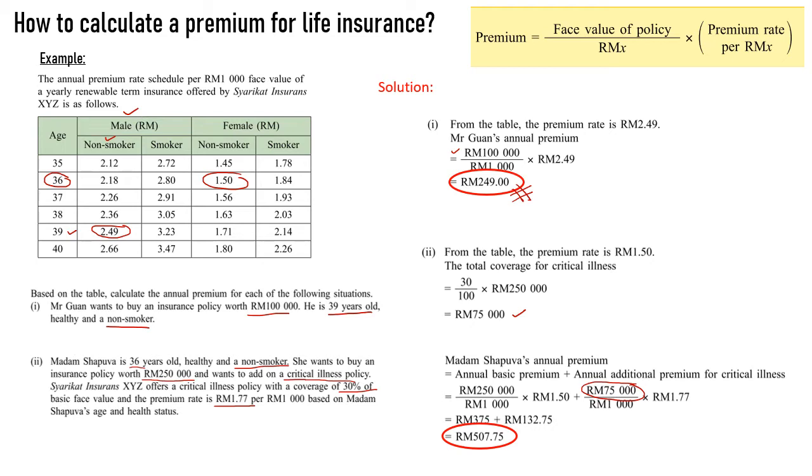That's the rate that she needs to pay. So you sum up both premiums, the basic premium and also the additional premium for critical illness, you will get 507 ringgit and 75 cent. So this is the total payment that Madam Shapova needs to pay to the insurance company every year.